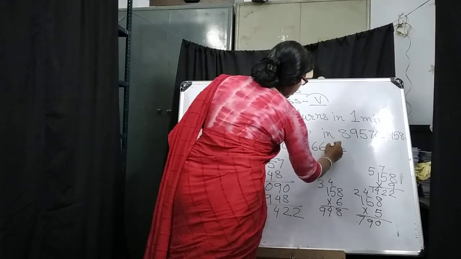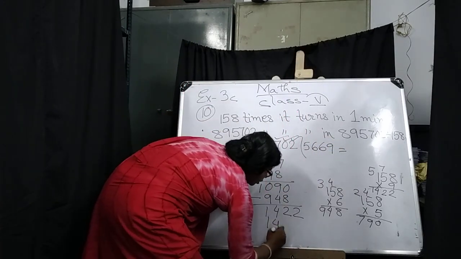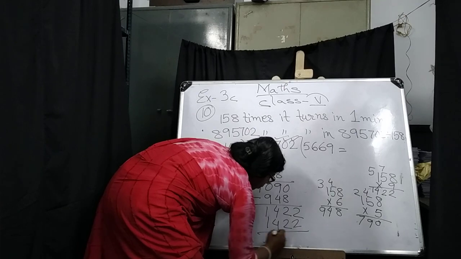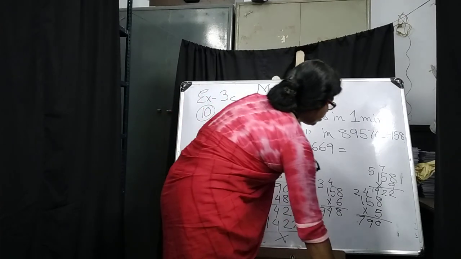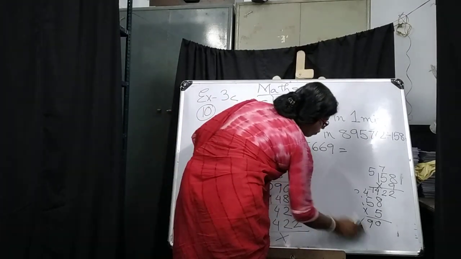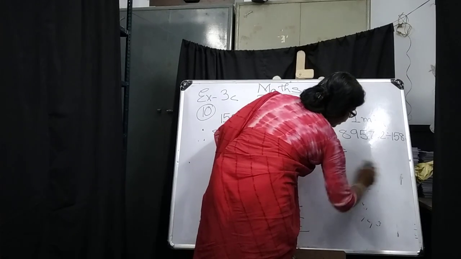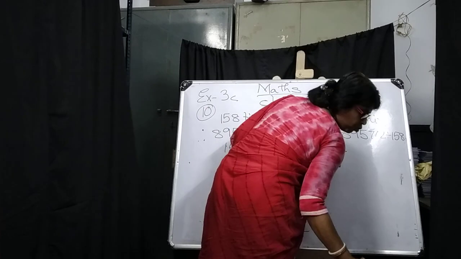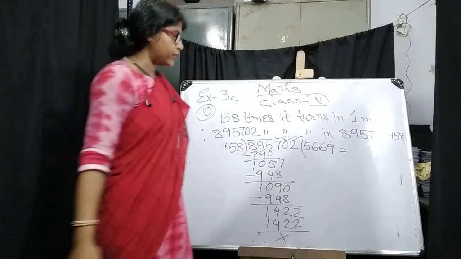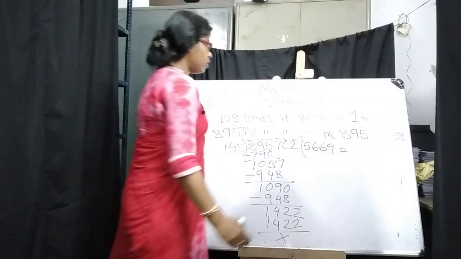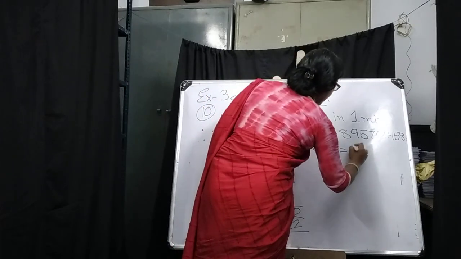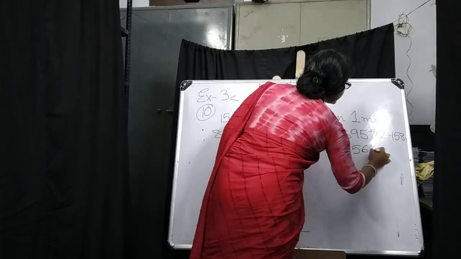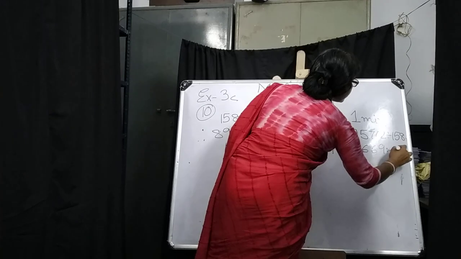So 9 is 1422. Now I am rubbing the rough work. You don't rub, okay? Keep it aside. Draw a margin and do the rough in the rough place. So what answer will come? 5669 minutes.